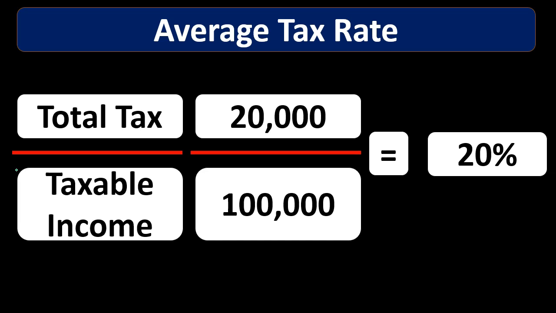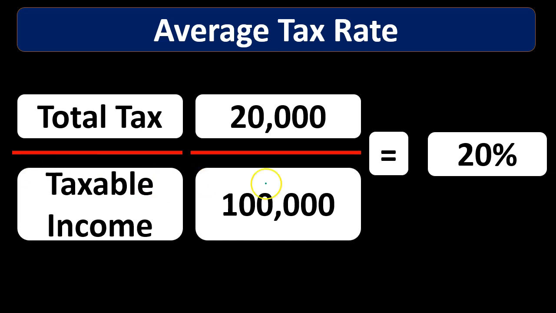Now, we typically cannot just use an average if we're talking about projections. We can use the average to communicate with a client and say, look, this is about what you're paying on taxable income on average. But if the client comes in and says, I expect to earn more money next year, how much more tax will I pay?